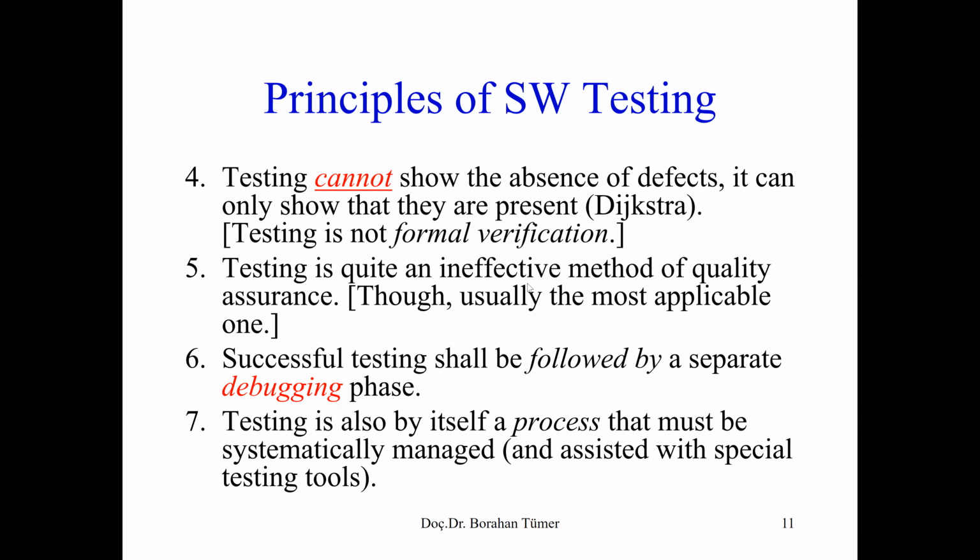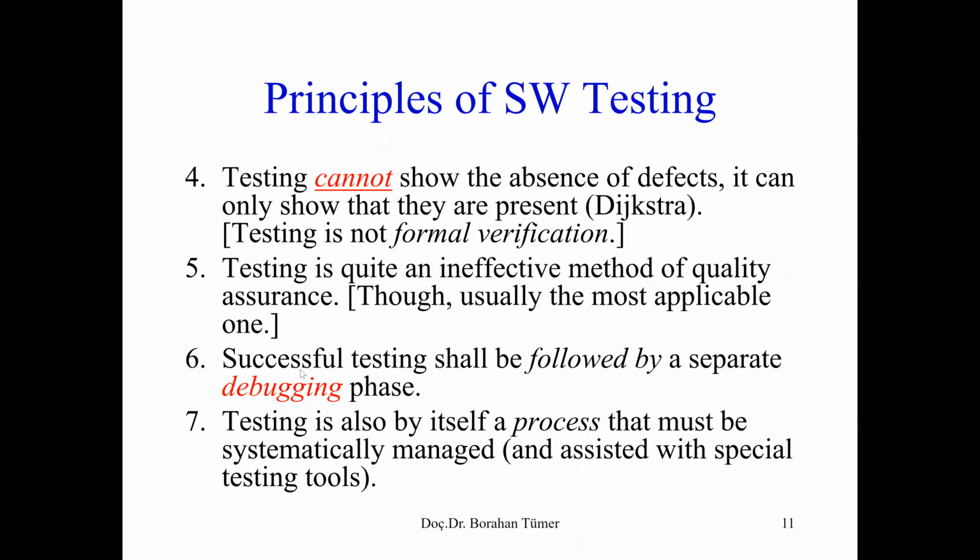There are other methods like static verification, inspection, etc. But testing is the most applicable method. Of course, inspection or static verification methods combined with testing are the best we have.